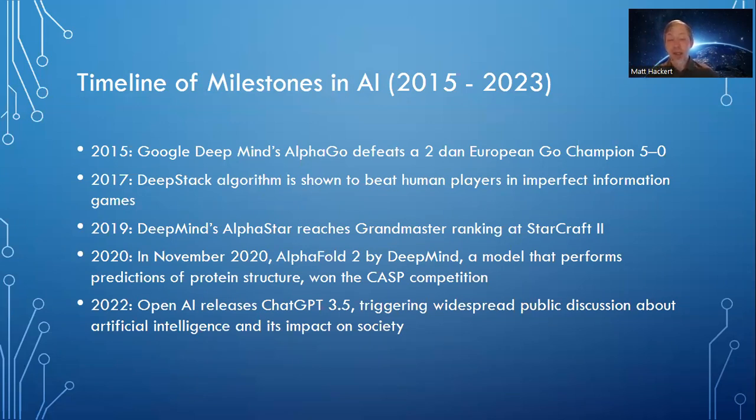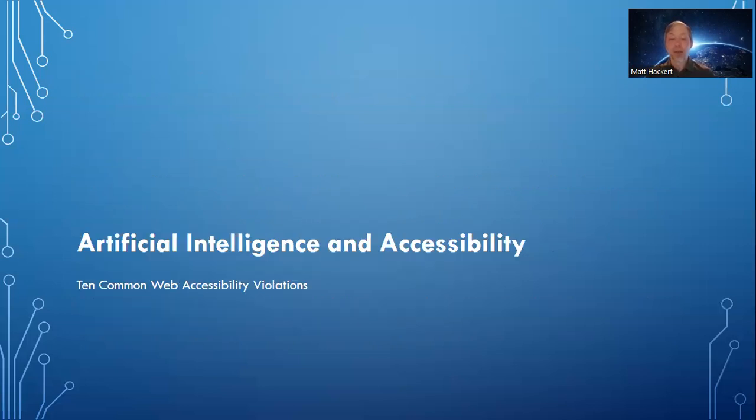So let's move forward and we'll start to discuss artificial intelligence and accessibility. So much about accessibility is not clearly defined in such a way that there are simple binary tests for it.